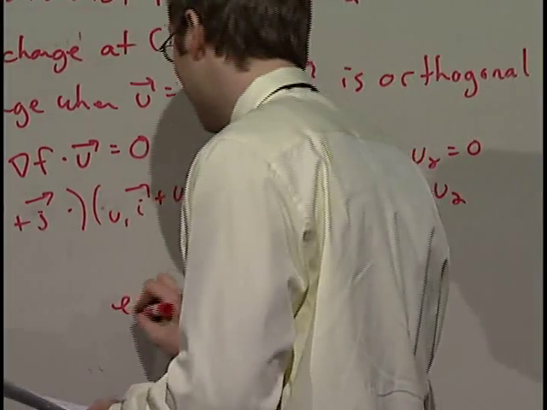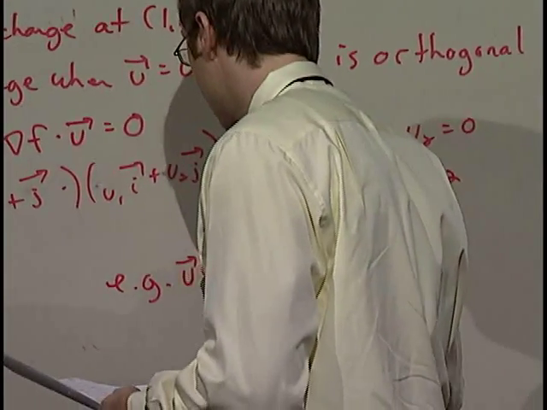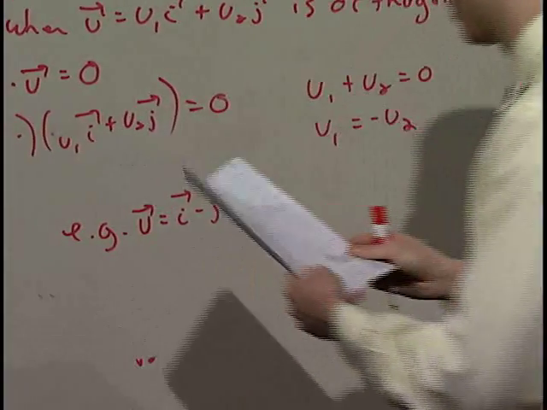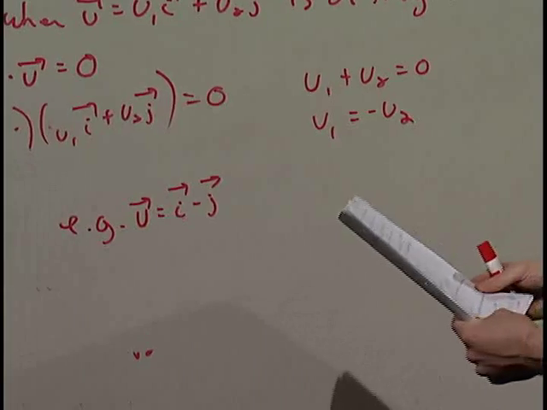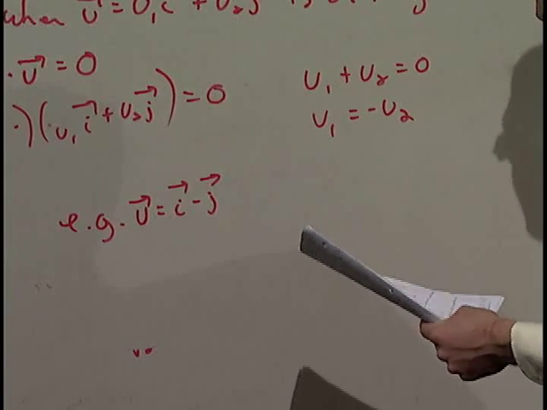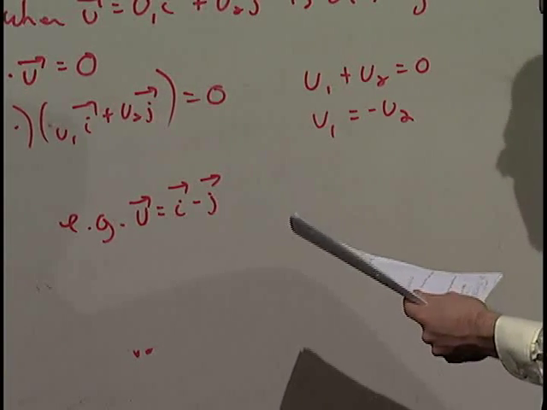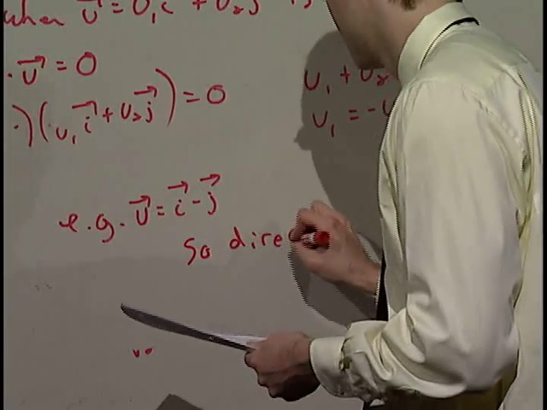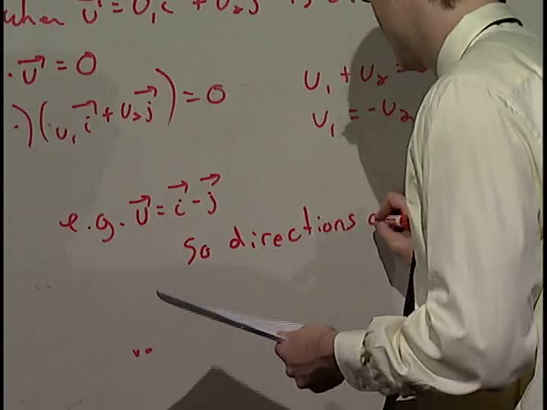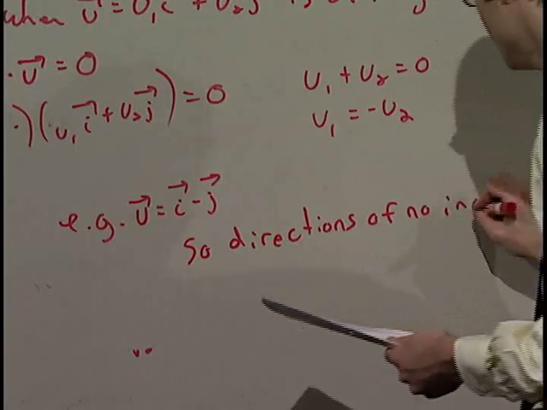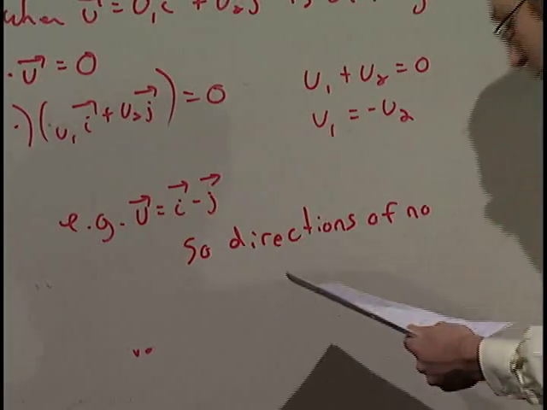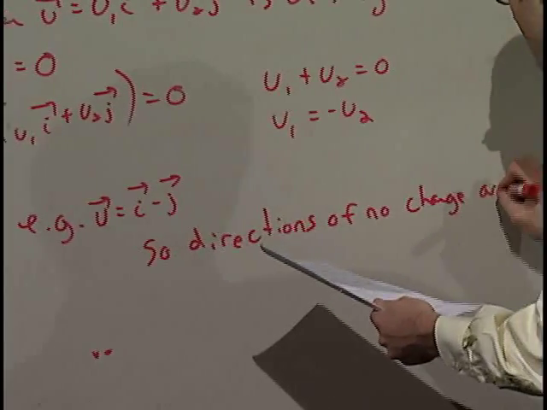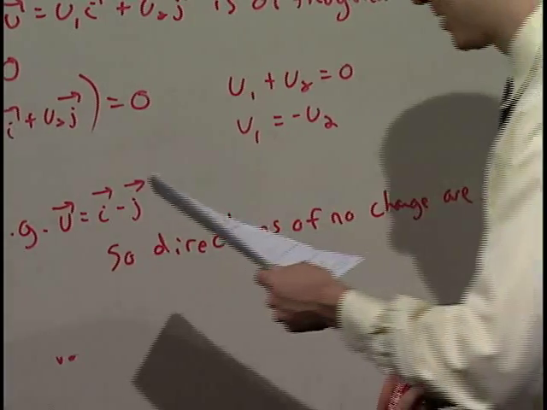So as an example, u equals i minus j would work just fine, or also negative i plus j would work as well. And so the directions of no change are the directions of those vectors.